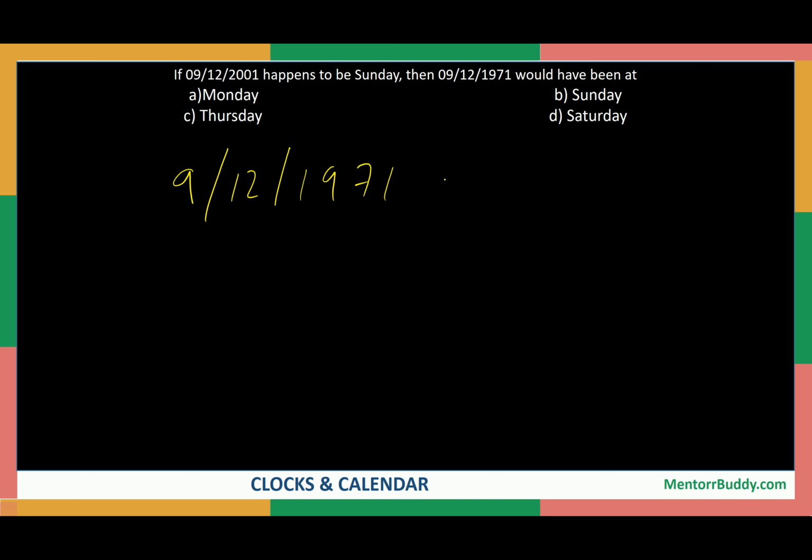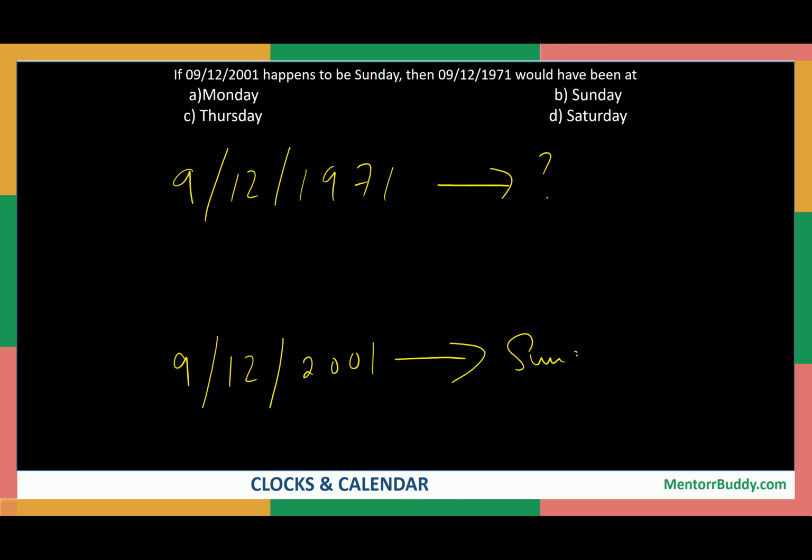We don't know which day it was in 1971, and it has been given that 9/12/2001 happens to be Sunday. We follow a similar process. How many years are there between 2001 and 1971? There are a total of 30 years, so 30 odd days for the years.